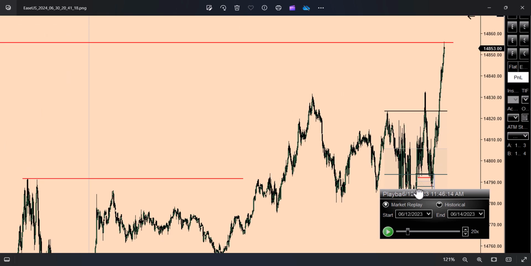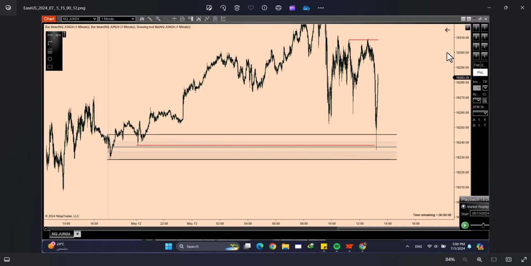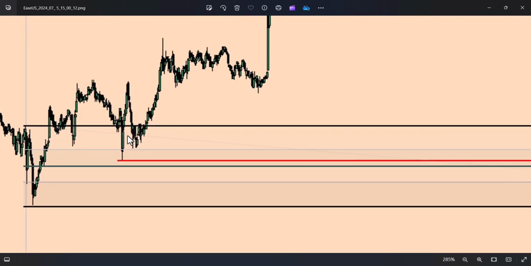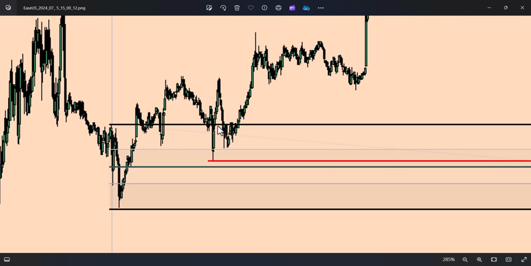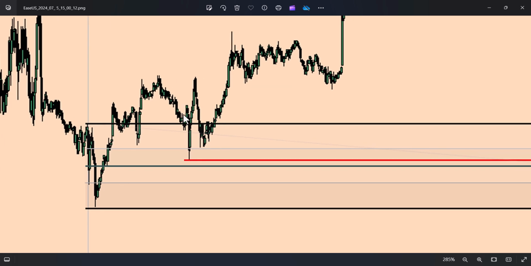Price really expanded to the upside after that CSS, and that liquidation of that low above the 50%, right? Beautiful example. Another example right here. We used this as the first top and second top, but look at this.